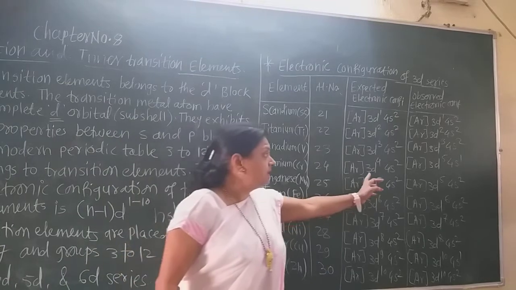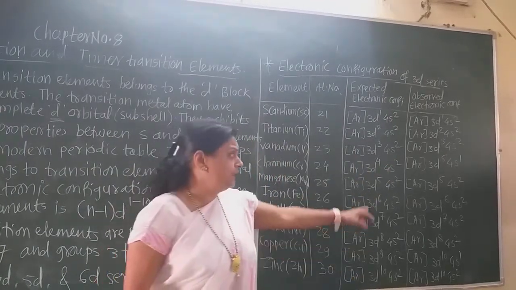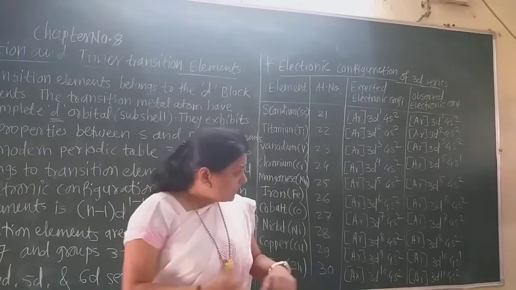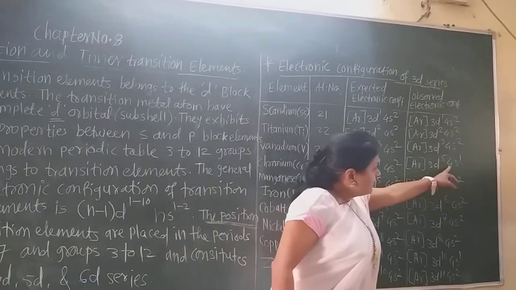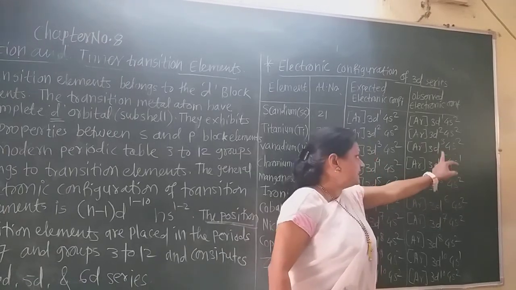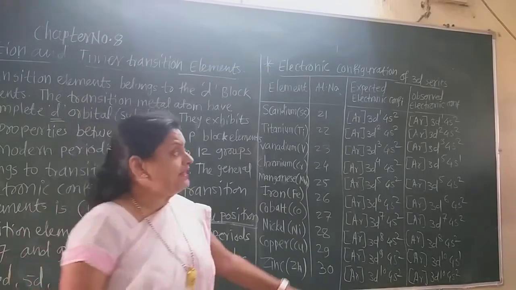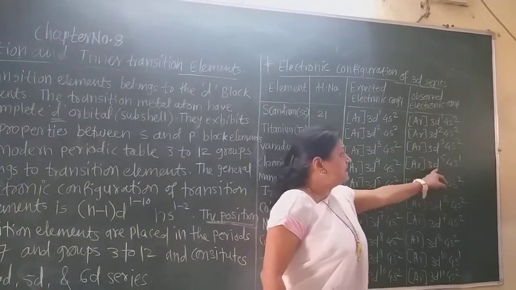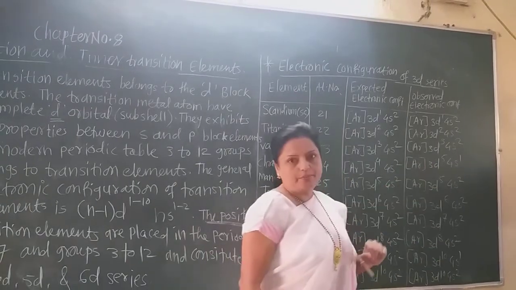Now here, if there are only 4 electrons in the d orbital, it is partially filled. But what is the observed configuration? The 1 electron from the 4s enters into the d orbital. Now this d orbital is half filled, because there is 1 electron in every orbital.